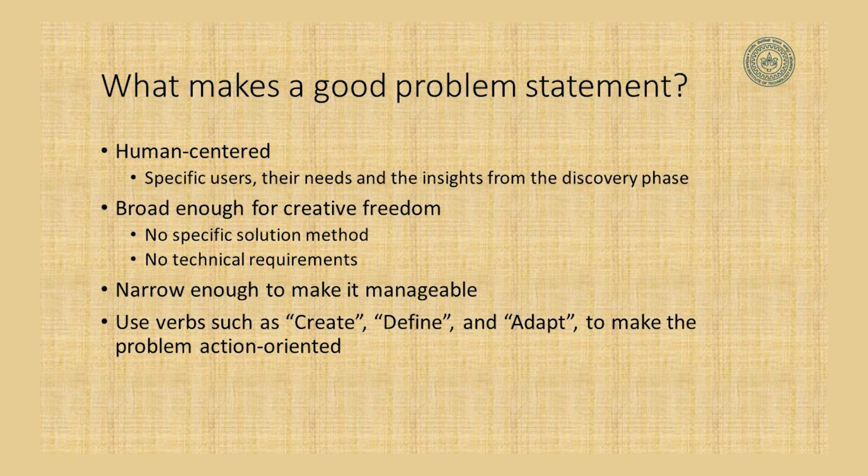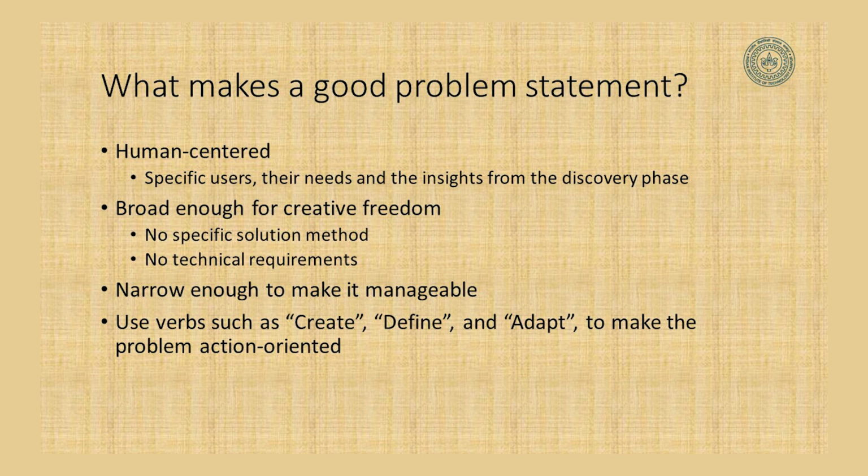You must think about whether there is enough creative freedom at the end of your define phase. Is my problem statement good enough so that there is enough creative freedom? That means at the end of the define phase, you must not be saying exactly what solution technique you will use to solve the original challenge brief.